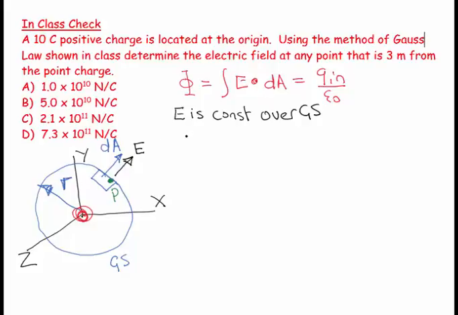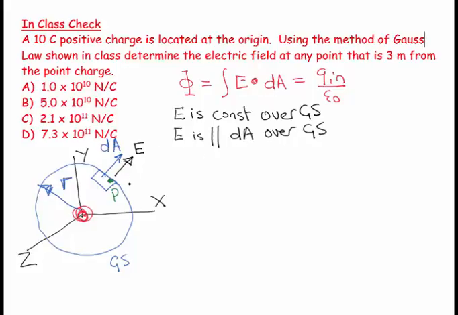And then the second thing I notice is that E is parallel to dA over the entire Gaussian surface. And what that means is, when I expand this, E dot dA equals E times dA times the cosine of the angle between them, and because the angle between them is 0, cosine of 0 is 1.